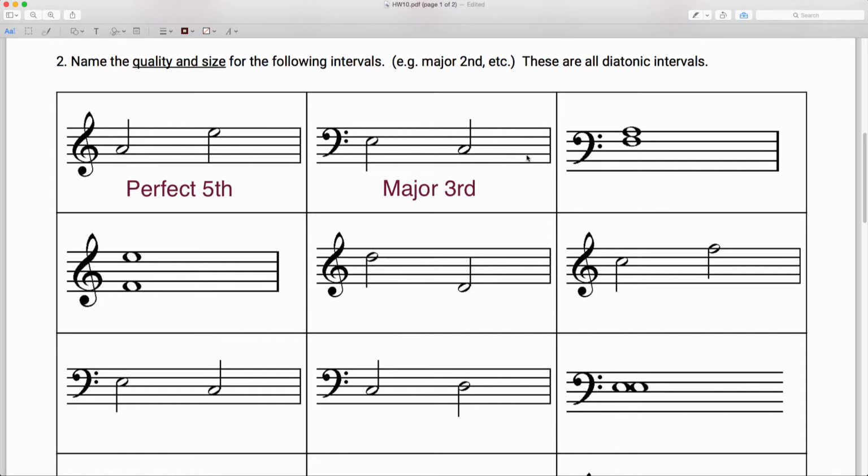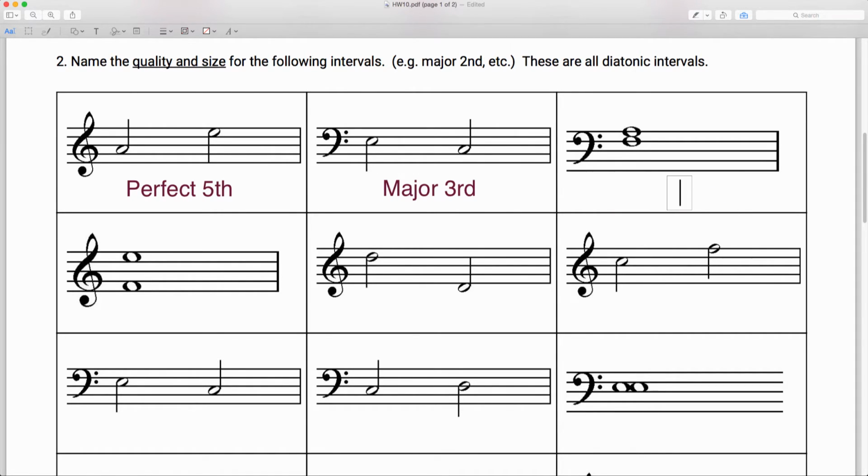Yes. It matters when we talk about what note is in the bottom, because if the C were an octave higher, this is no longer a major 3rd; it's actually a minor 6th. Right. We'll get to that a little bit.